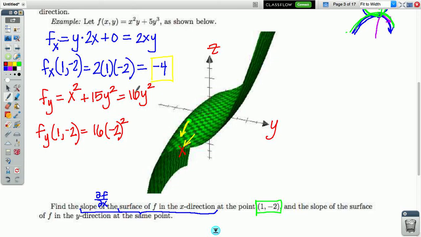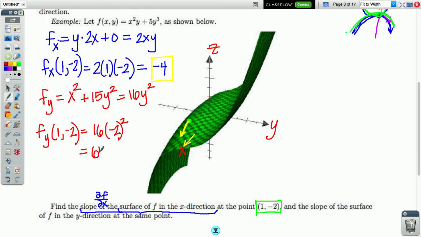Oh, okay, I got it. I was confused for a second because I was thinking this was going to be negative, and that didn't look like what this picture was supposed to look like. But actually, when you square a negative number, you get a positive.